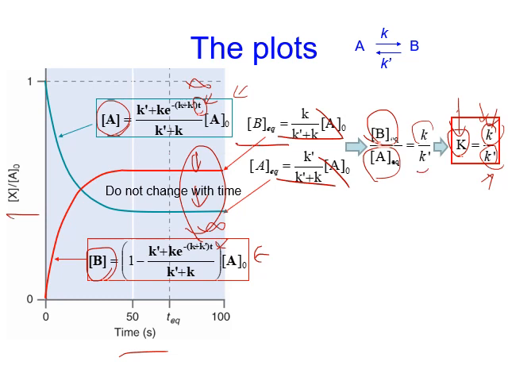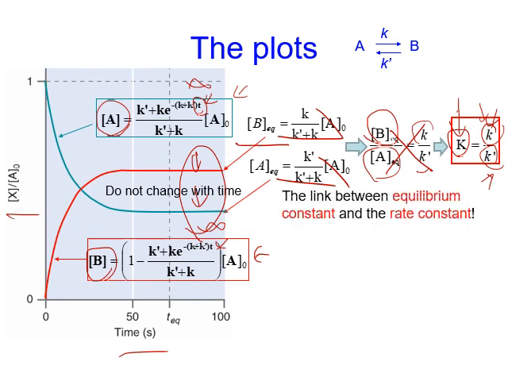That suggests this cross multiplication is also equal, and that gives you this equation. So the forward rate constant times the A, okay, reactants at equilibrium equals the reverse rate constant times the B at equilibrium.